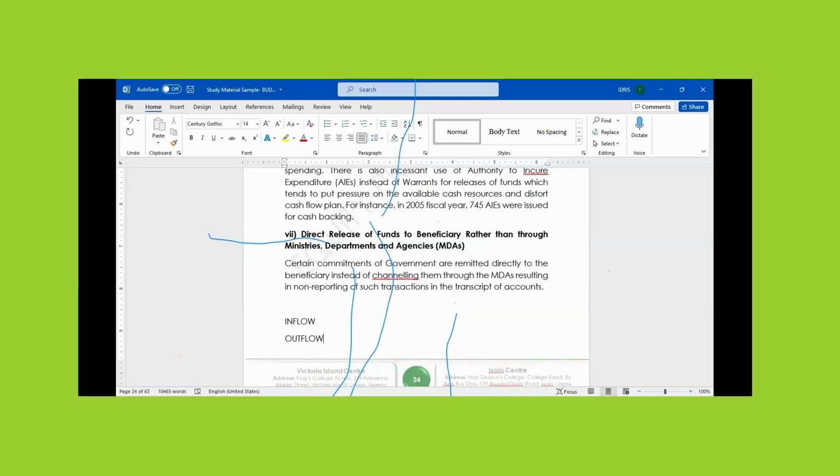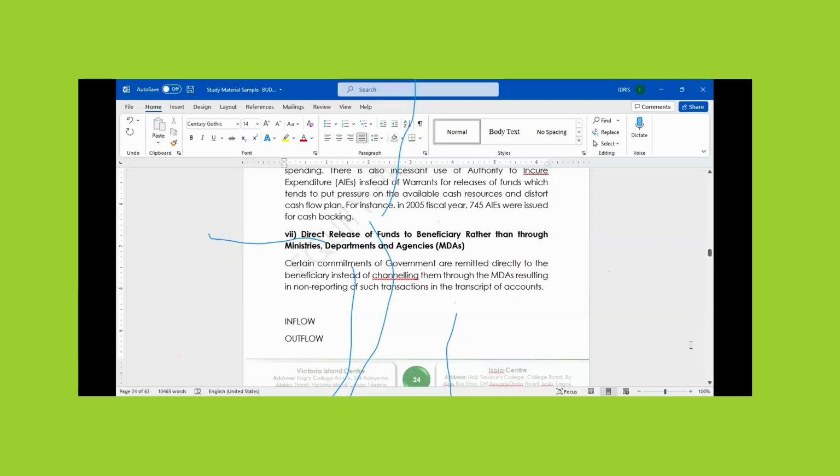And closing balance in February will become opening balance in March. So while you are doing cash budget, you have to total January before you can total March. That is on cash budget.